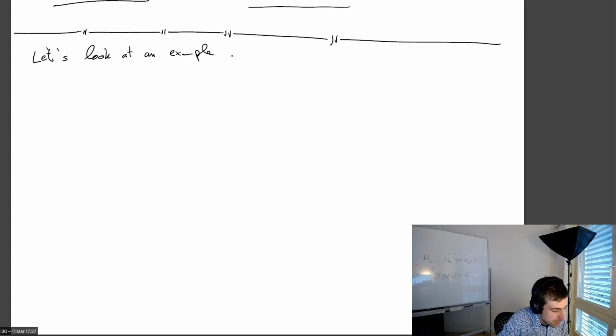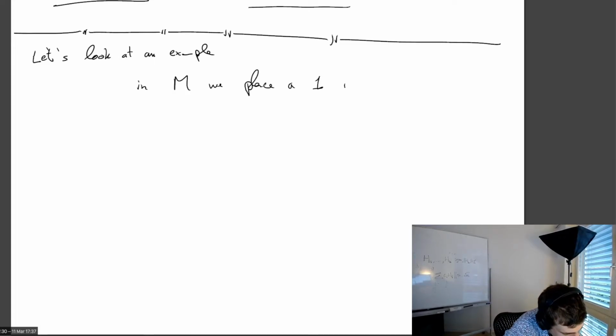The idea is we build an M by M matrix where we place in M a 1 if points are similar, and 0 if not.